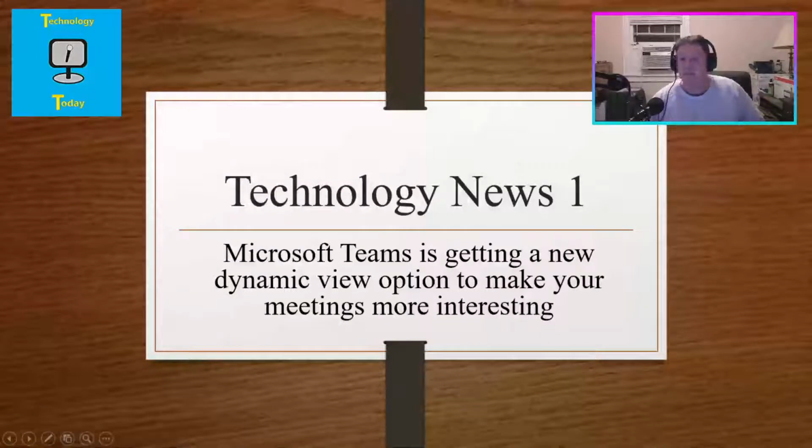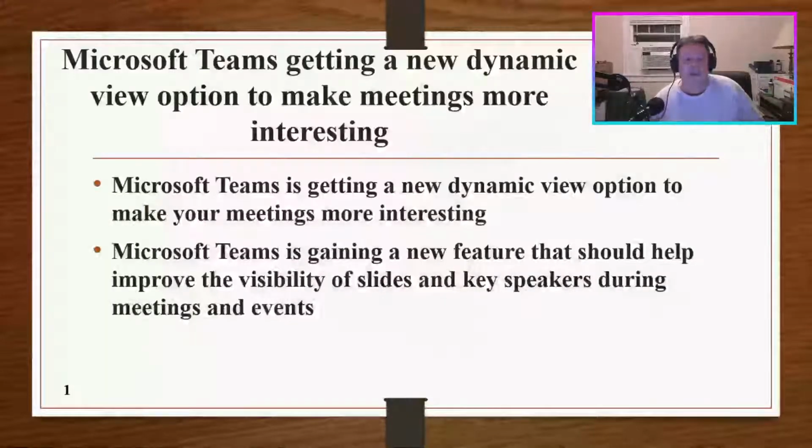Microsoft Teams is getting a new dynamic view option to make your meetings more interesting. Microsoft Teams is gaining a new feature that should help improve the visibility of slides and key speakers during meetings and events.